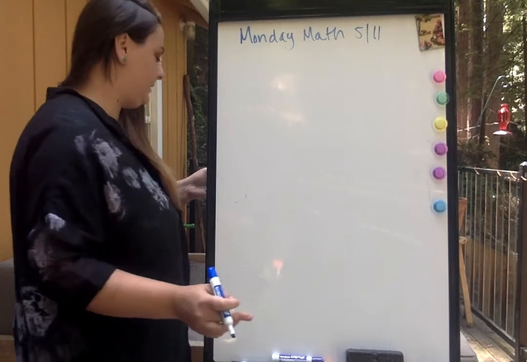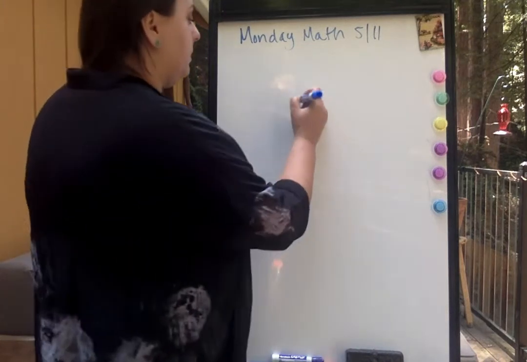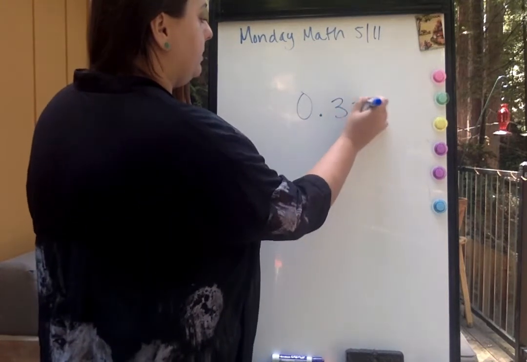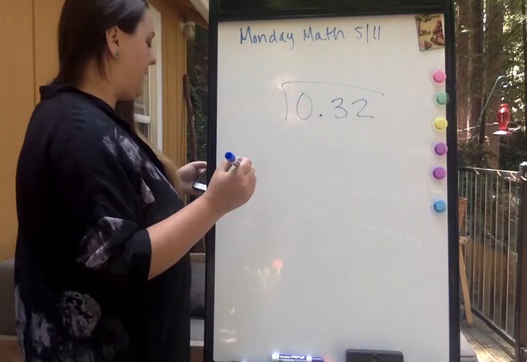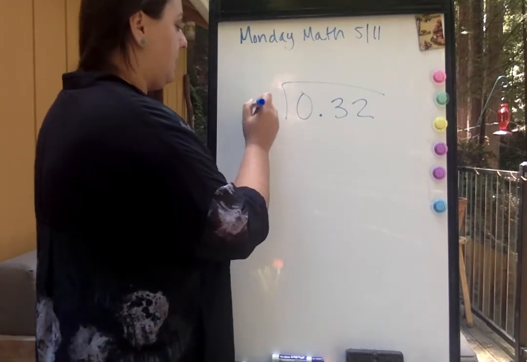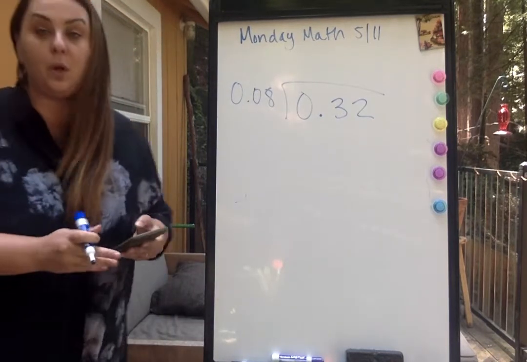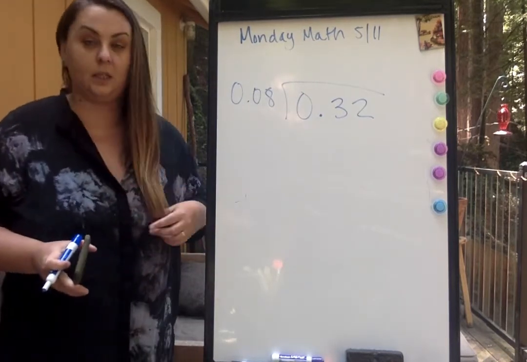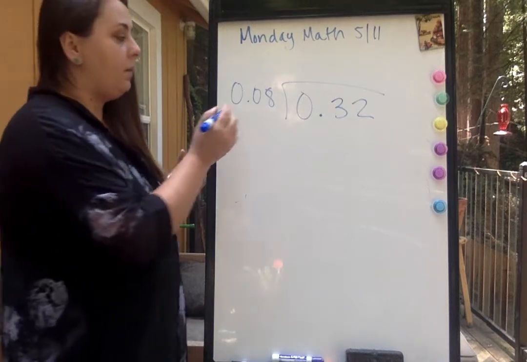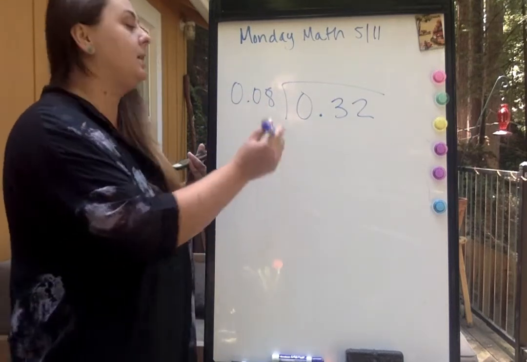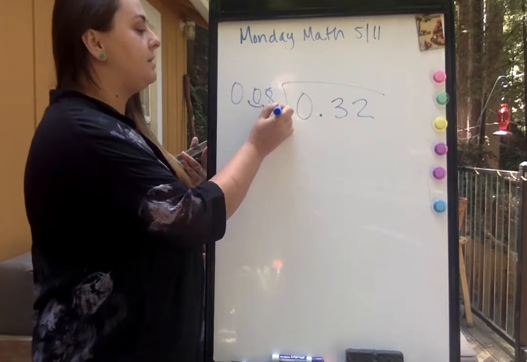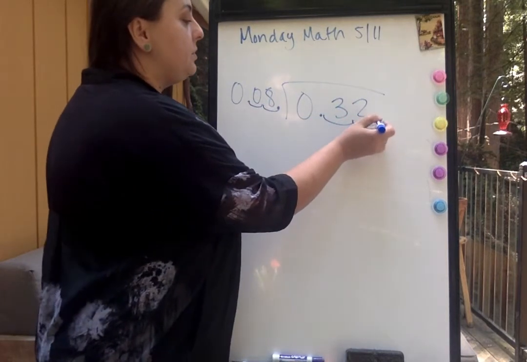Okay, next. Division. 0.32 divided by 8/100. Okay, now you know that you cannot have a decimal point in your divisor. So whatever we do to the outside, we're going to do to the inside. So if I have to move 2 places here, I'm going to move 2 places here.